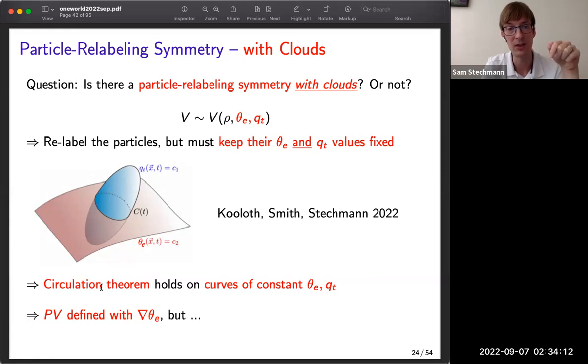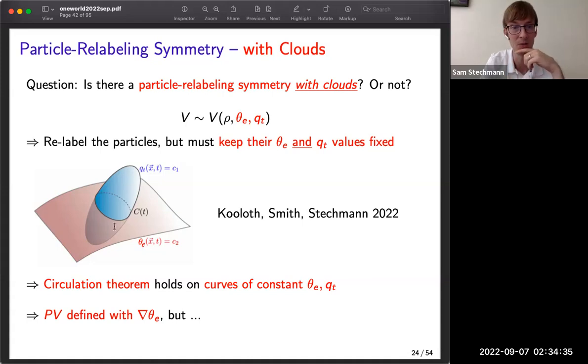If the curve is not closed, then I don't think you would be able to have a circulation theorem for such a curve. For instance, what if the QT curve smashes into the surface of the Earth? Then you wouldn't be able to have it, and you wouldn't be able to have a particle relabeling there either.